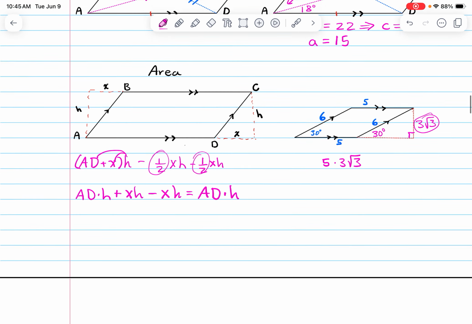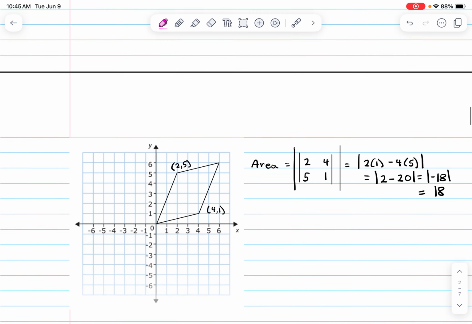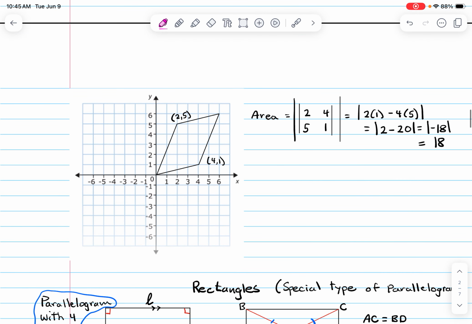Now, let's look down here. I want to show you a trick. Let's suppose we've got a parallelogram, and we've got it in this form right here. You're looking at the graph on a grid, and here you have a parallelogram.